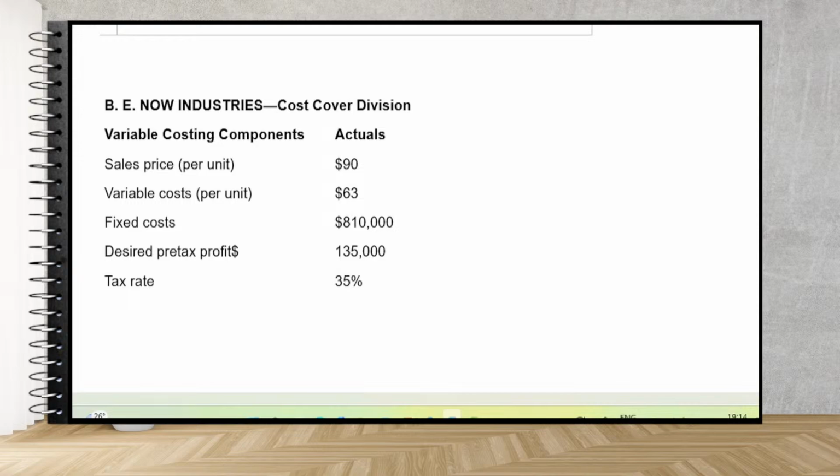While calculating the desired profit, first question, whether we need to consider before tax profit or after tax profit. If in the question they gave the post-tax profit, then you need to first convert it to pre-tax, and then you need to add this amount to the fixed cost, and then divide by the contribution margin per unit or the contribution margin ratio.